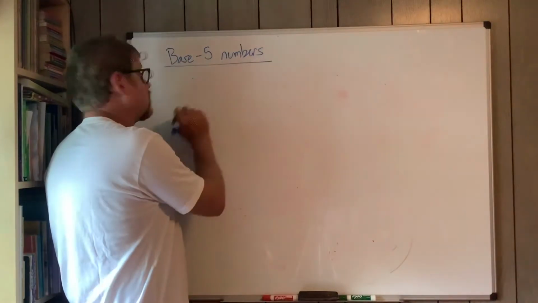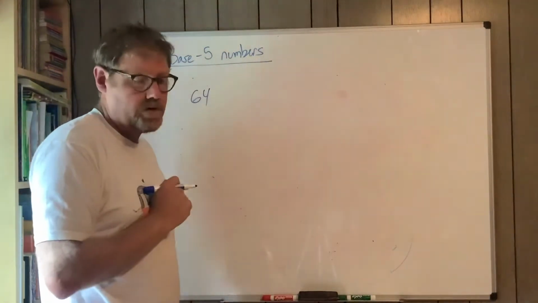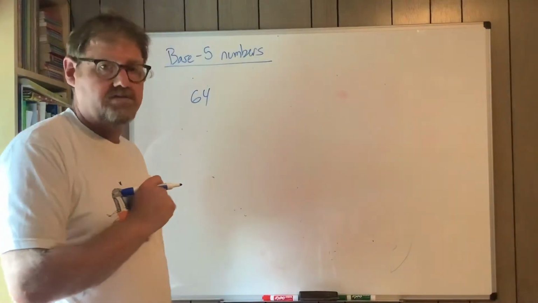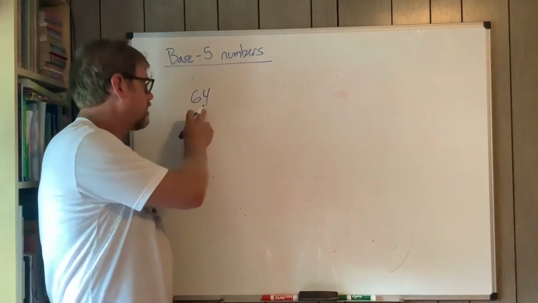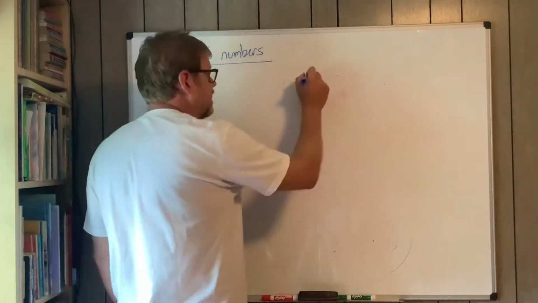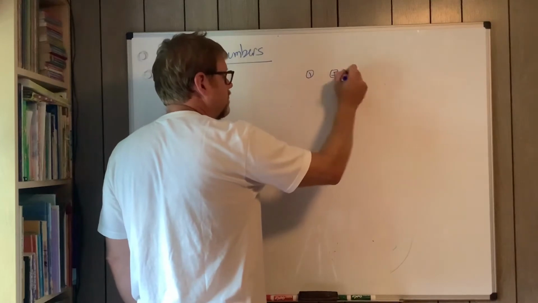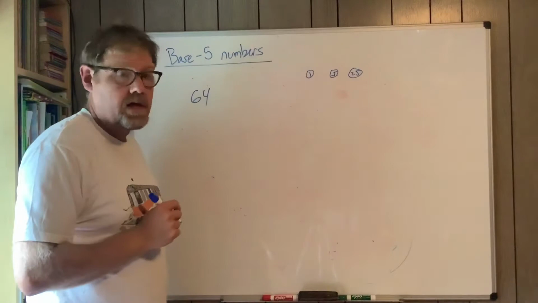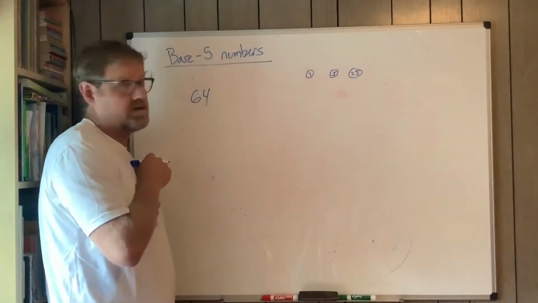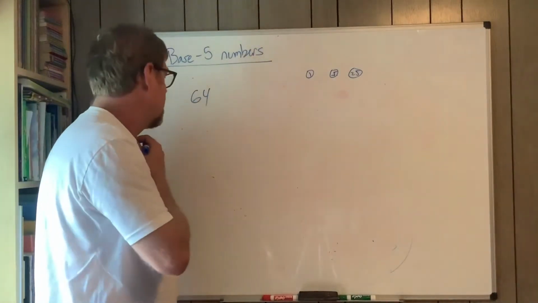So I'm going to grab, let's say, the number 64, and I want to write this in base-5. How do I do this? Well, what I'm going to think of is pennies, nickels, and quarters. What I want to do is see how many of each of those coins it takes to make 64.